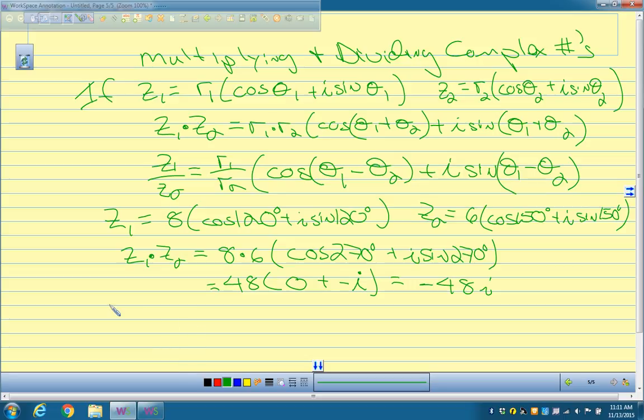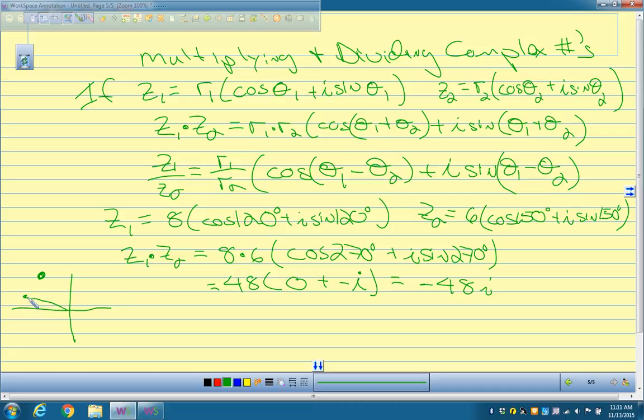What does that mean? It means that if I have two complex numbers, okay, this one you could write in a plus bi form as 8 times, what's that root? Where would that be? It would be somewhere over here, right? So here's this one, and here's this one. 6 cosine 150 would be over here.